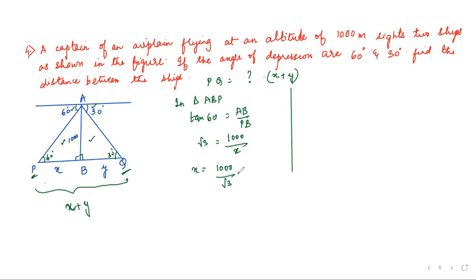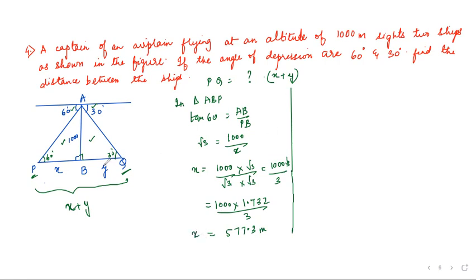Since we cannot have root, we can multiply √3 to both numerator and denominator. 1000 √3 by 3. So 1000 into √3 is 1.732 by 3. So this, if we calculate, we get 577.3 meters. Okay. Now this is the value of x.